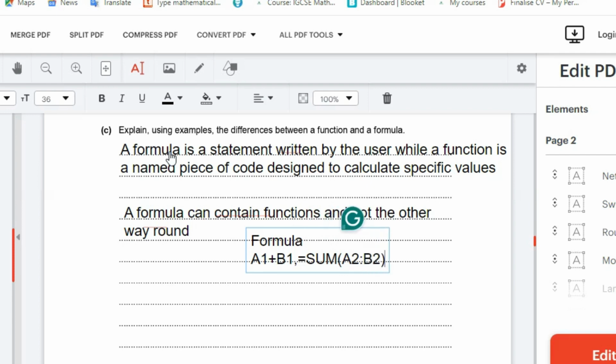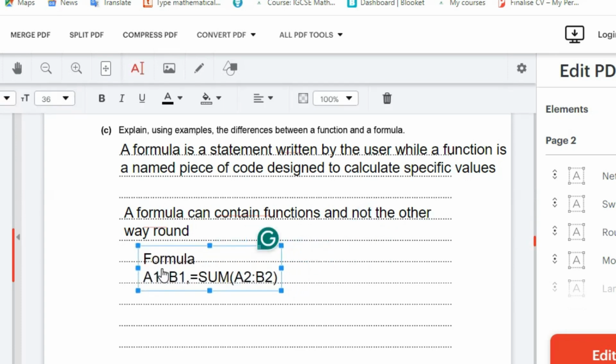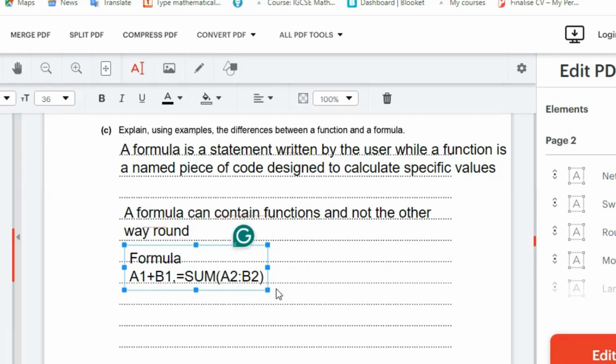Then we close the bracket. This is an example of a formula.